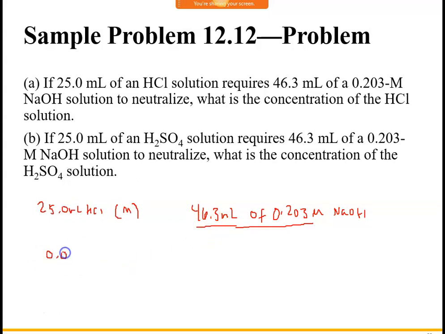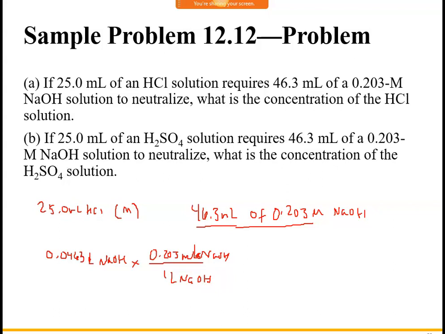So 0.0463 liters of sodium hydroxide. Multiply that by the molarity. So 0.203 moles of sodium hydroxide is to 1 liter of sodium hydroxide.